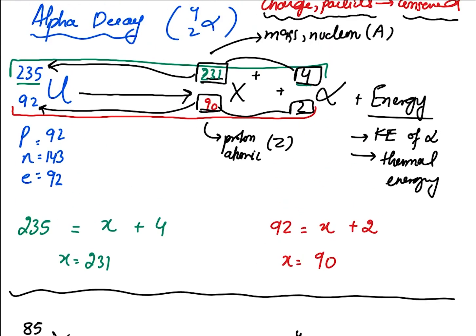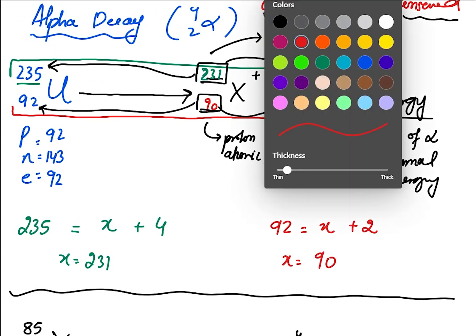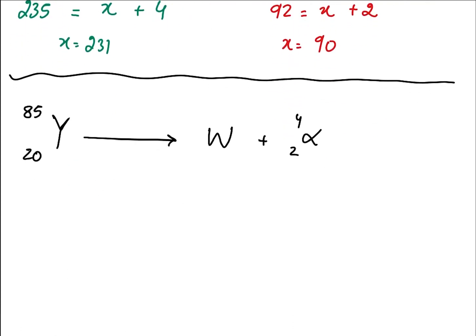I'm ignoring the energy part of this equation because we want to find out the values first and then we can mention that later. So I know that over here that would be something 4 less. So 85 minus 4 would give me this answer. If you want to go through that equation process, it's your choice. So according to my understanding, this should be 81. The equation that actually gets us to this point would be 85 equals, let's write down W so that we don't forget that.